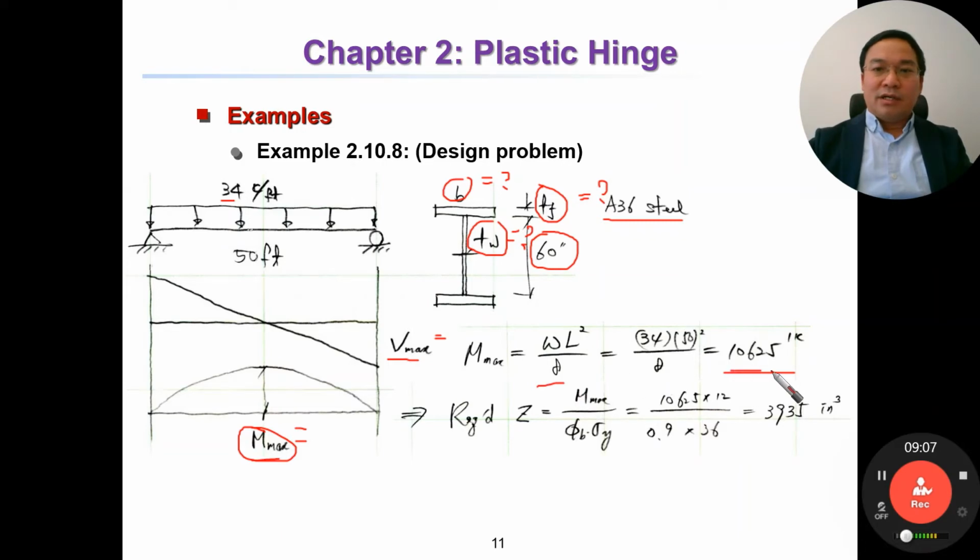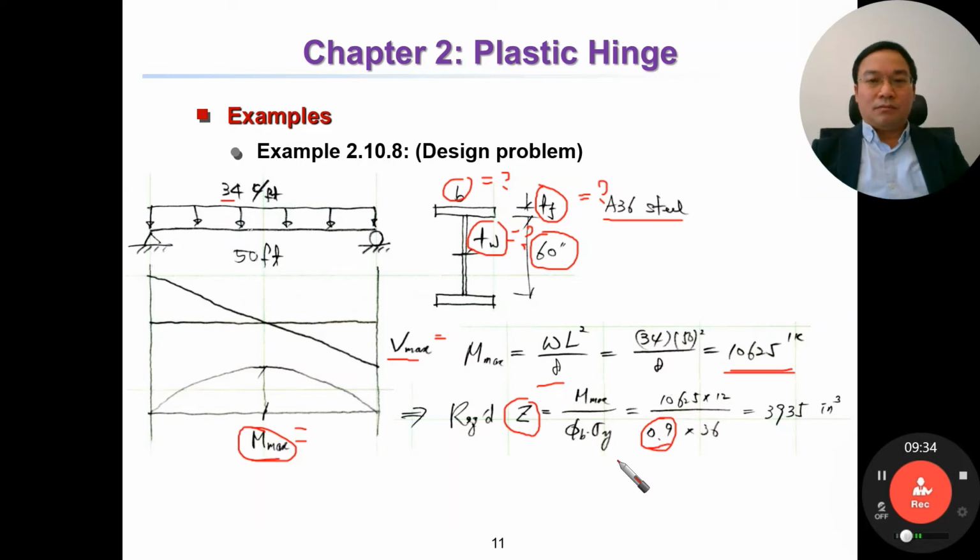Based on the maximum moment, we can determine the requirement of plastic section modulus. Plastic section modulus equal to M max divided by phi b sigma y. What is phi b? It is for beam problems.